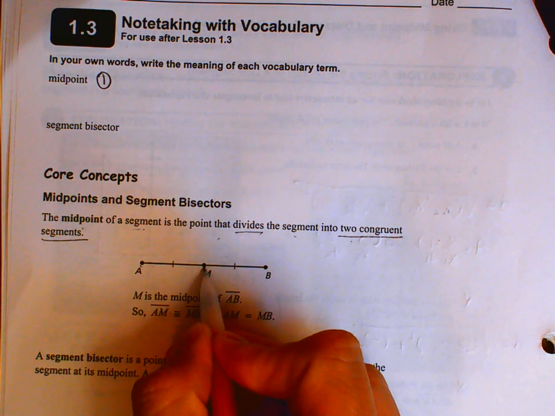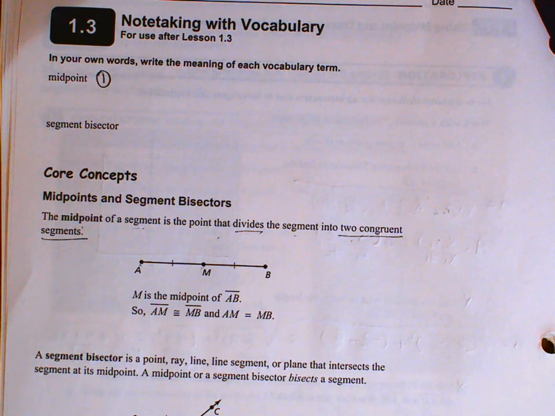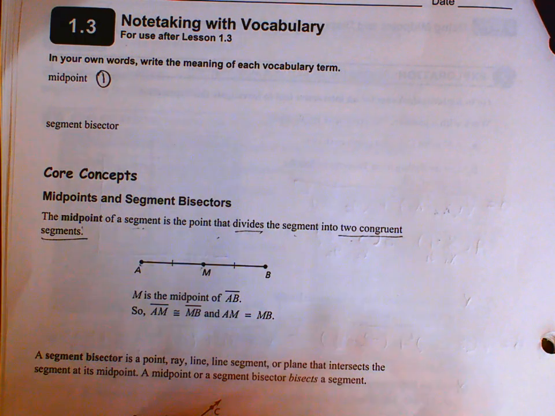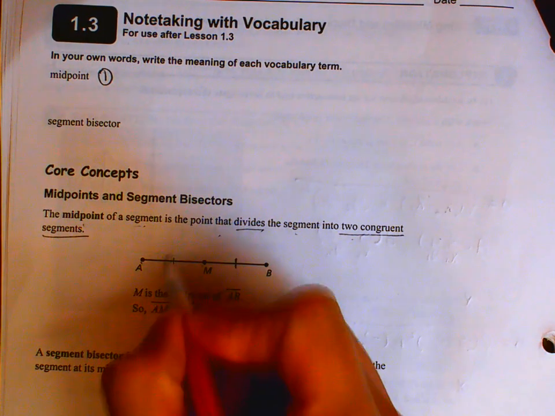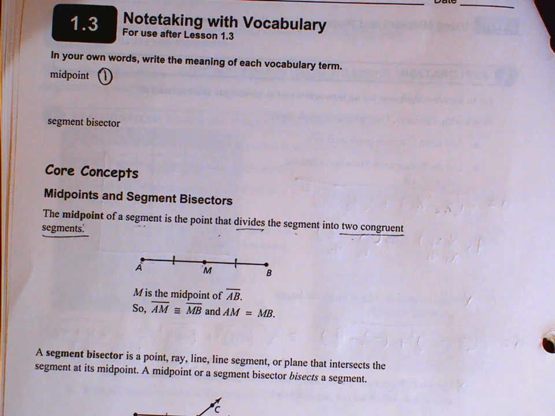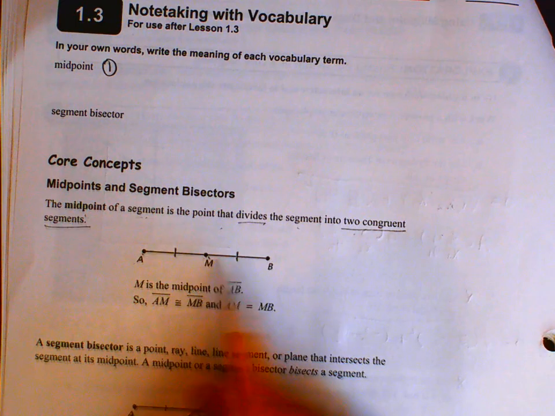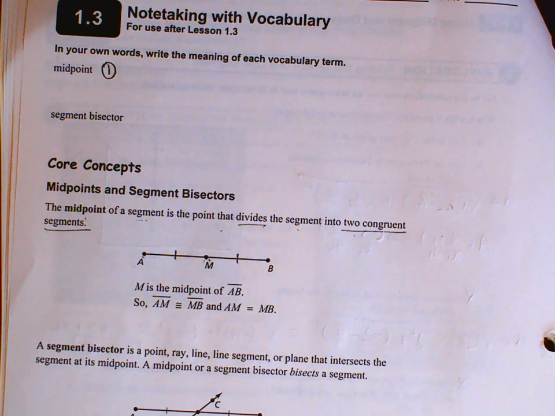That means that AM and MB have the same distance. Therefore, they're congruent, and we mark them with a little hash mark. So M is the midpoint of AB, AM and MB are congruent, and their lengths are the same.